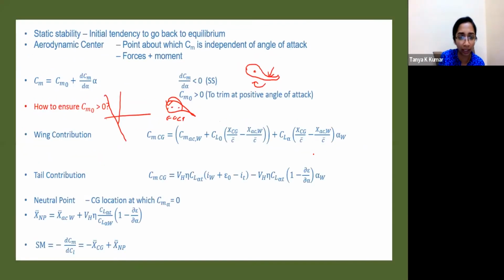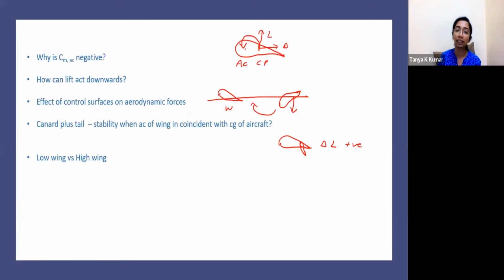Right, so the equation that we have, wing contribution, is the contribution towards stability. The question asked was, if there is a canard, a surface similar to a wing that is ahead of the wing, what will be the stability of such a configuration?